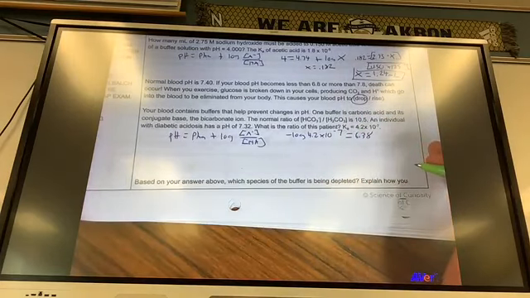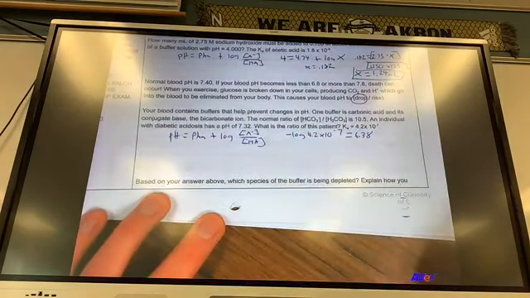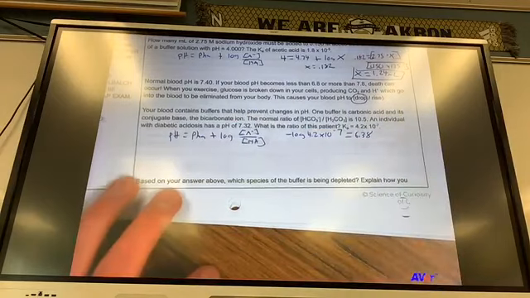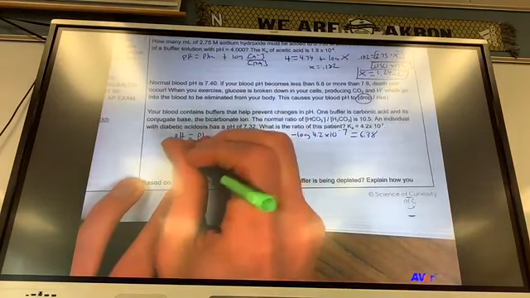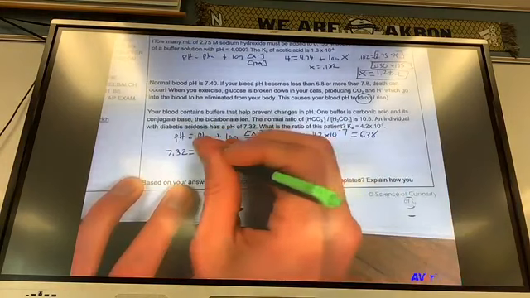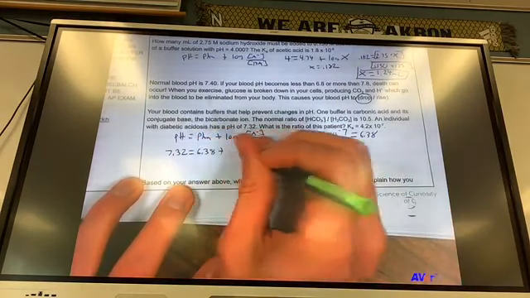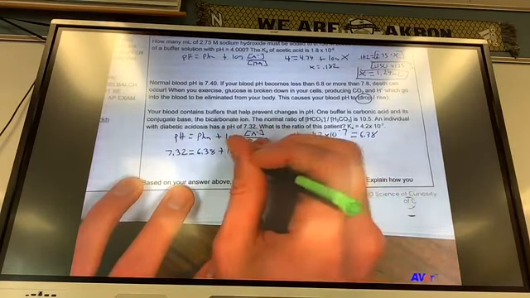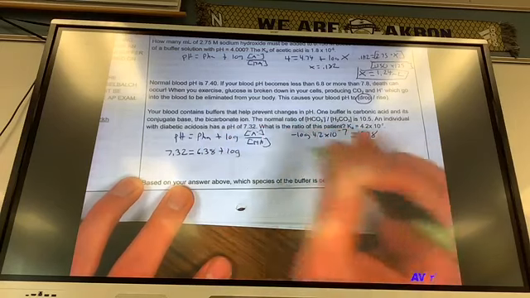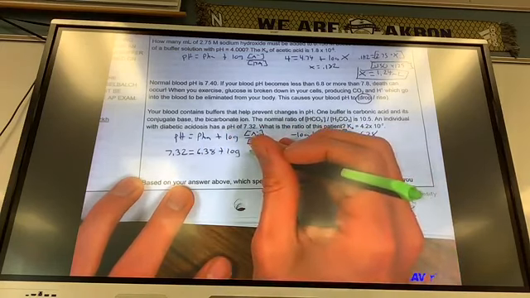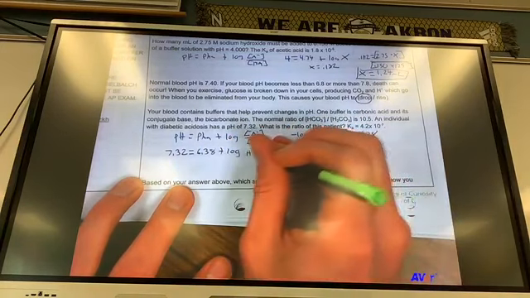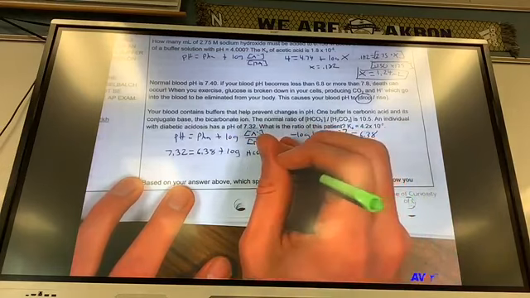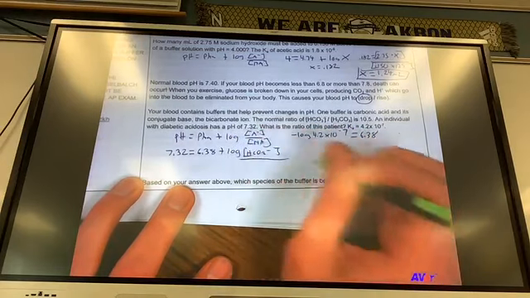Are you good with that? Okay. So the pH, they gave me a 7.32. So 7.32 equals 6.38 plus log of your A minus, which I'm just going to write out: HCO3 minus over H2CO3.